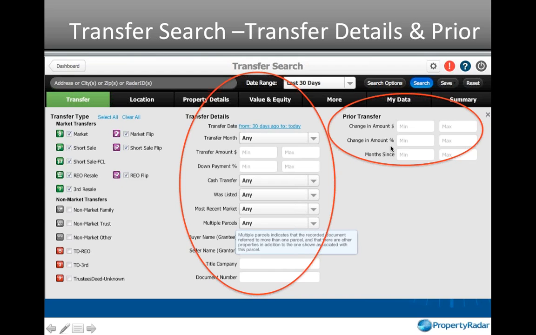Show me flips where there was a more than 30% increase in price, and then how long since the last transfer, and they did it in less than 120 days, or months since, so it'd be less than 4. So 4 months maximum, with 30% change minimum. You'd find some pretty successful flippers by doing that if you were looking for somebody to help you enter that business or to partner with as a real estate agent, etc.